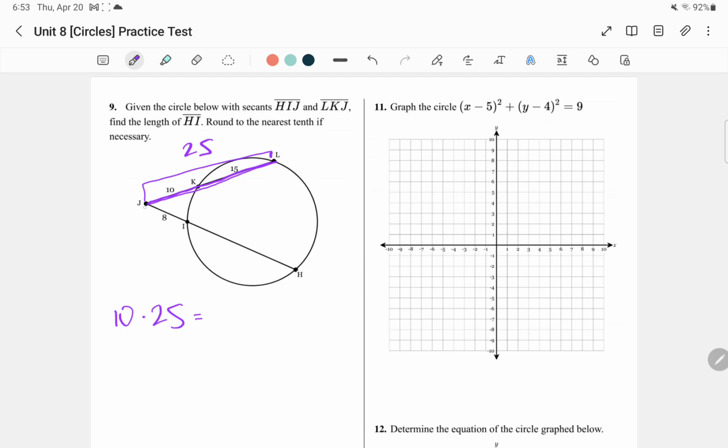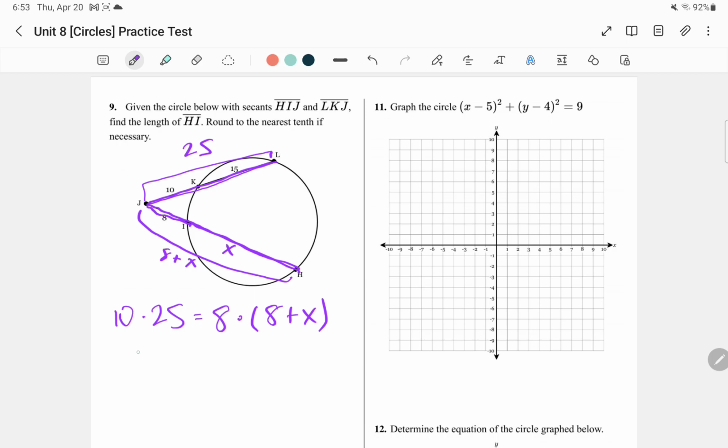And then now I'm looking at this secant. This outside part, which is 8, is going to be times this whole thing, which I labeled x. So this whole thing is 8 plus x. So 8 times 8 plus x. Don't forget to have both of those there.